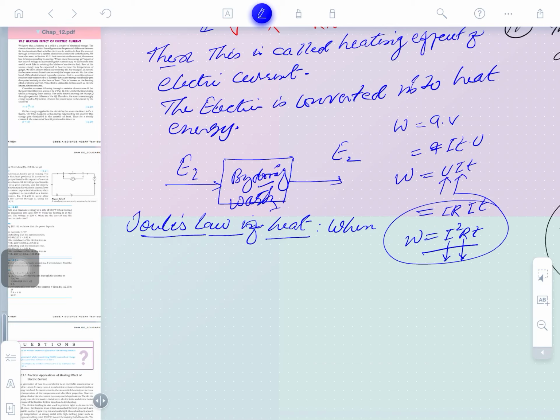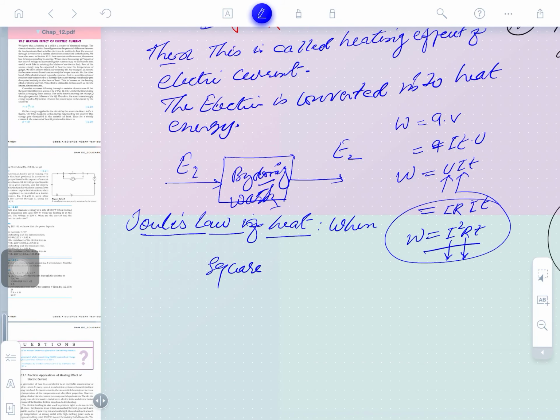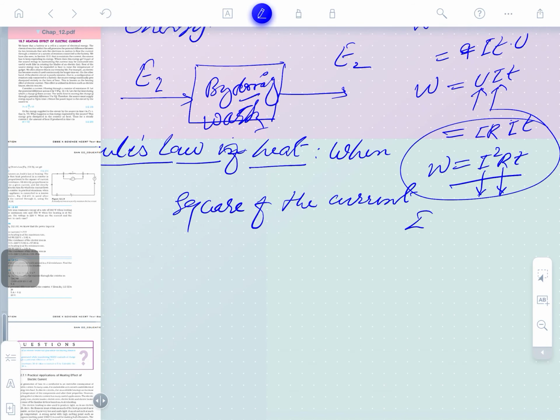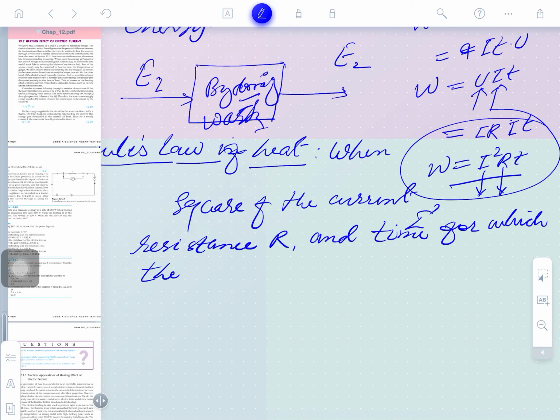So, please write: heat produced on the conductor is directly proportional to the square of the current, that is I square, the resistance of the conductor R, and the time for which the current is allowed to pass.